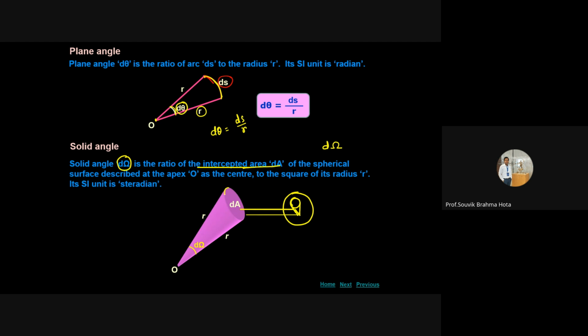This is the outer area, and this conic portion is the conic part of it. It is defined by dA, the surface, and if this is the radius, then dA by r square is the solid angle.